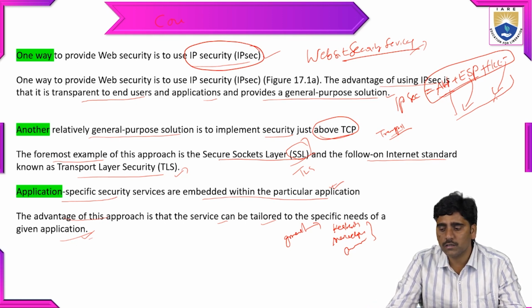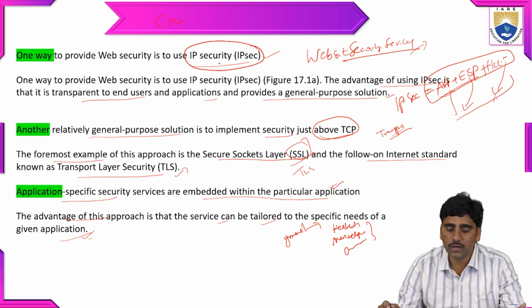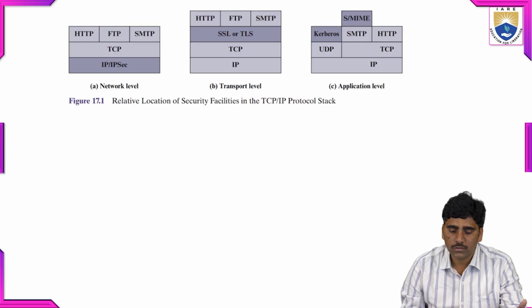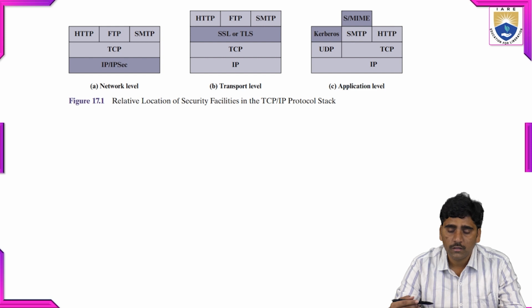So these are the three basic approaches to provide security. One is web security using IP security, the second is above the transport layer using the Secure Socket Layer, and the third is specific application security software. These are the levels that provide web security for every service.